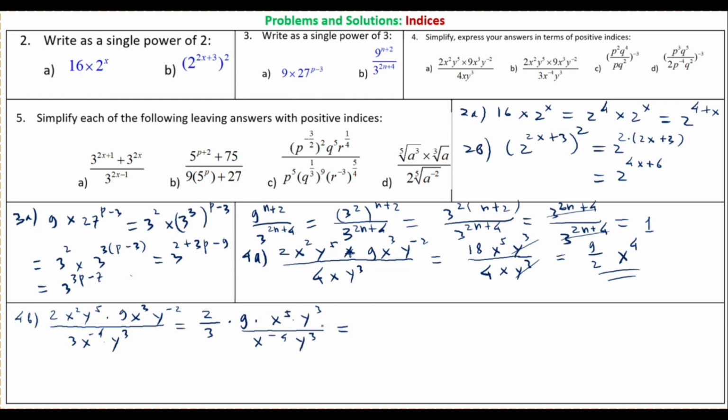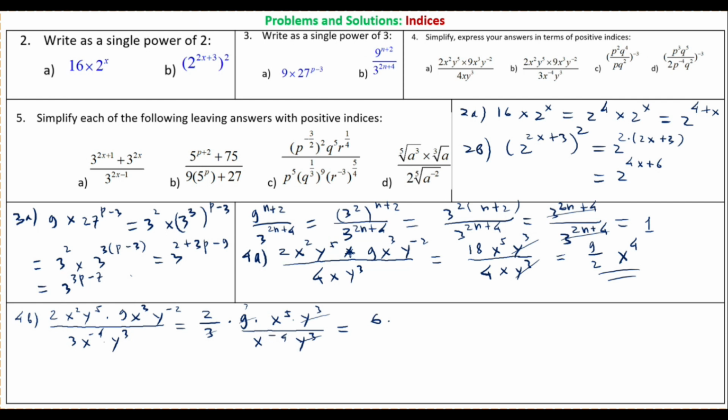So we can see straight away the numerator has got y cubed and the denominator has got y cubed, so we can cross that out to simplify. And then 2 over 3 times 9. So we can simplify, 9 over 3 is 3. So 2 times 3 is 6. So we got 6 times x to the power of 5 divided by x to the power of minus 4.